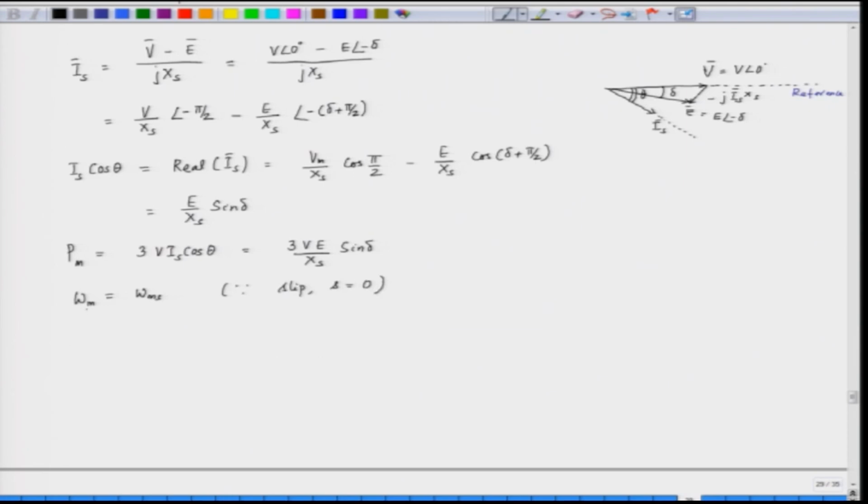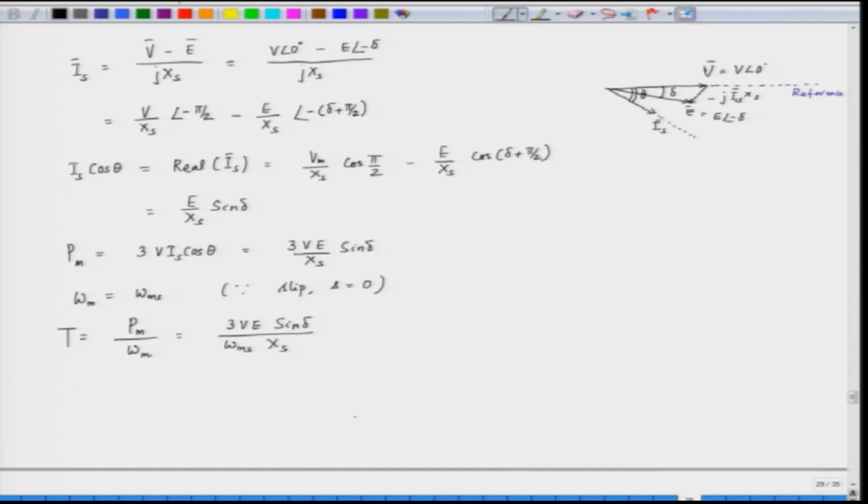So, what is our torque? Torque is the mechanical power by the rotor speed, that is equal to 3 V E sin delta by X_s, divided by the synchronous speed. So, this is what we get here.